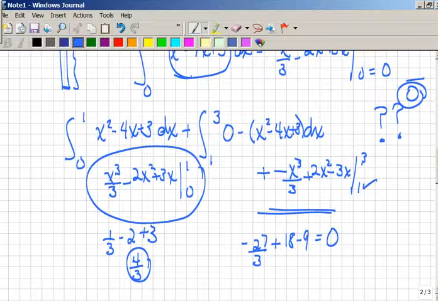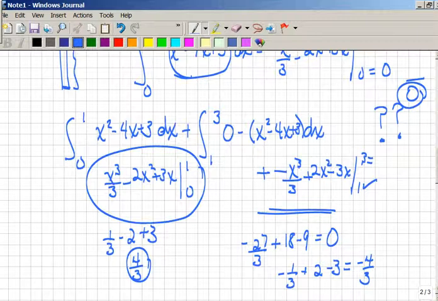So putting 1 in there, we get negative 1/3 plus 2 minus 3, which equals, let's see, negative 1 minus 1/3, which is negative 4/3.